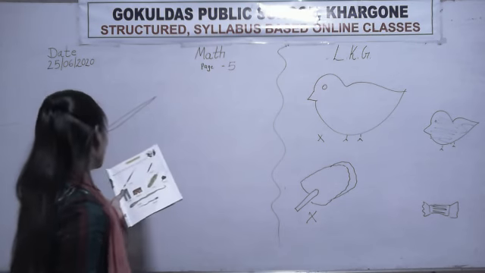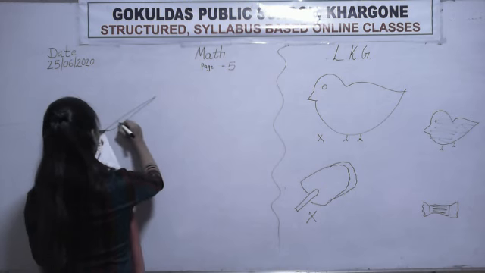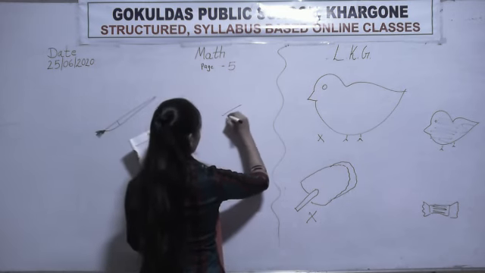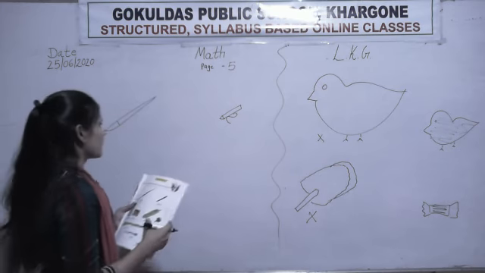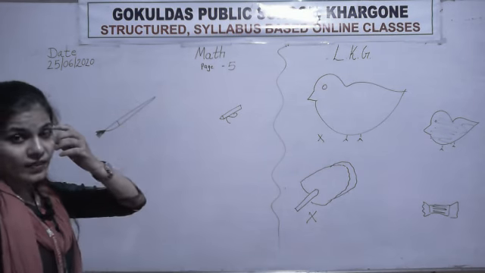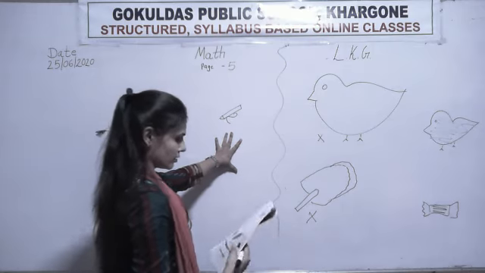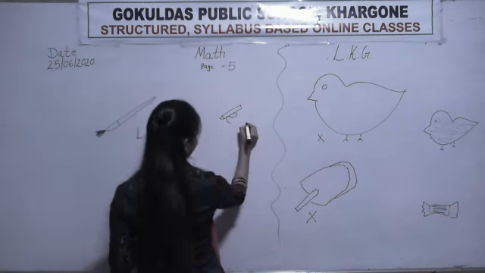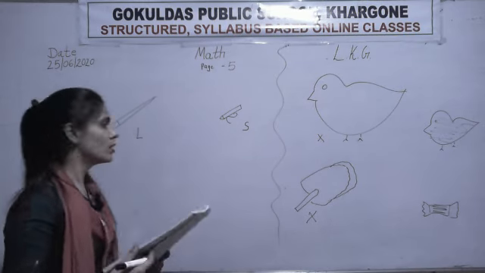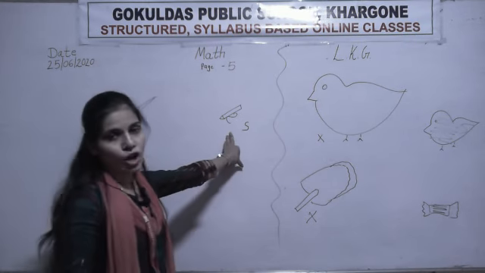This is the color brush and this is the pen. So which one is long and which one is short? This is long and this is short. Long, short.